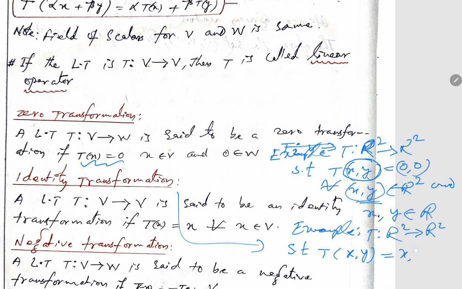It gives (x, y) itself for any vector (x, y) belonging to R squared, where x and y are some real numbers. x, y are from the field of real numbers. That way you can give this kind of example along with the definition. Okay, so we'll stop here.